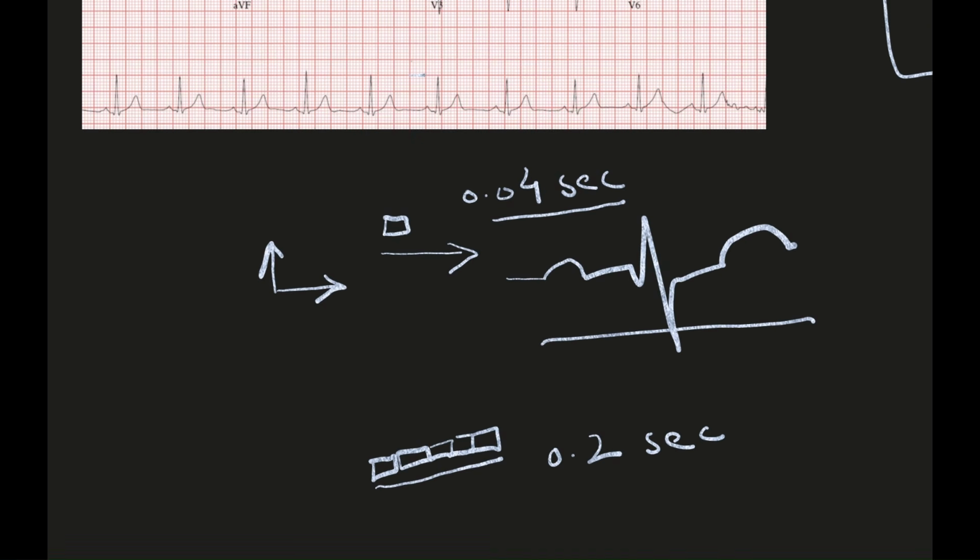So if I count 1, 2, 3, 4, and 5, these 5 big squares are equivalent to 1 second. Why is it important to understand the length of time over these small squares? Because later on, when we will be calculating the heart rate in abnormal rhythm, these timings, these small squares are going to help us.